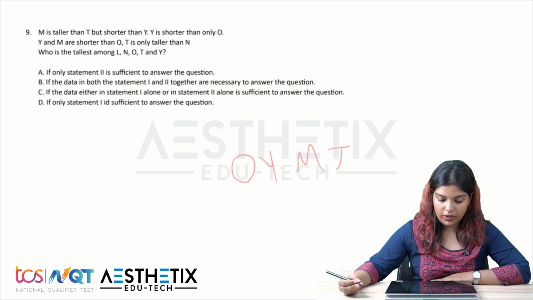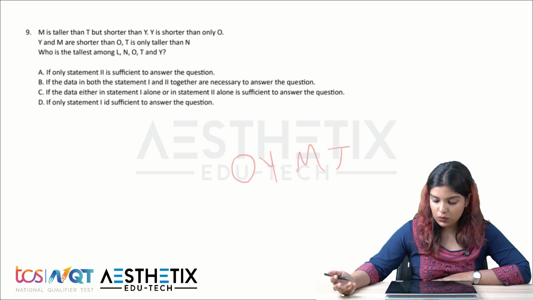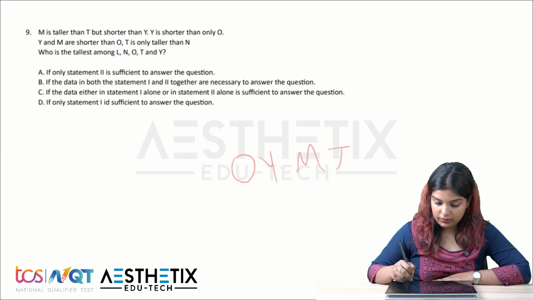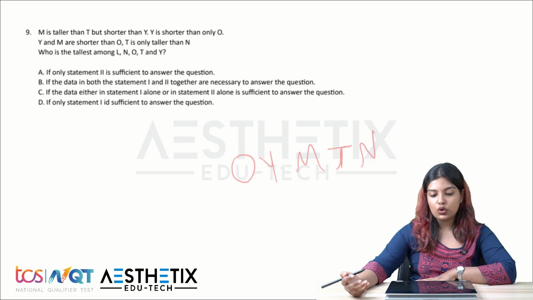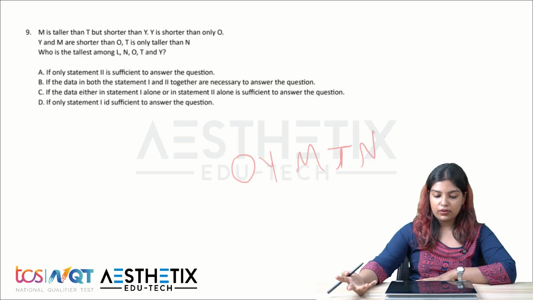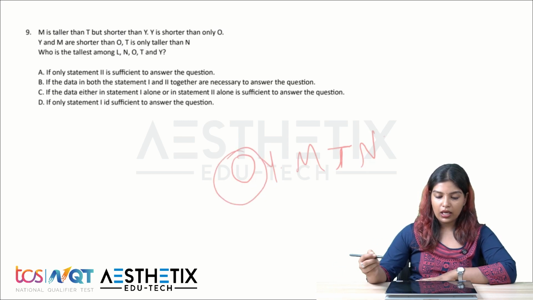So O is the tallest. Okay. Y and M are shorter than O. T is only taller than N. So N is the last person. So who is the tallest among N, L, O, T and Y is the question. So the correct answer is option A, O.